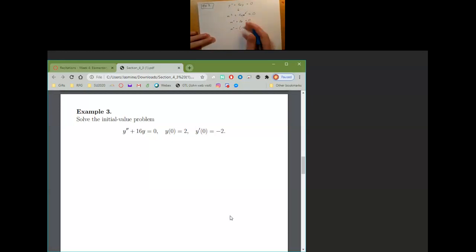So when we talk about factoring this into a difference of squares, we have m plus something, m minus something, but that something is the square root of negative 16. The square root of negative 16 happens to be 4i. So m plus 4i times m minus 4i.